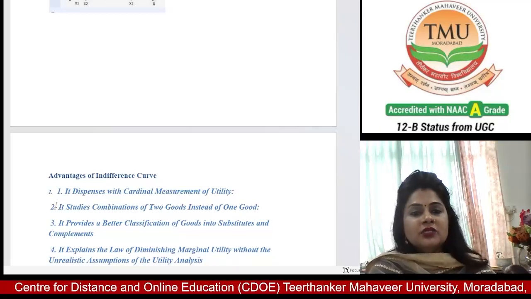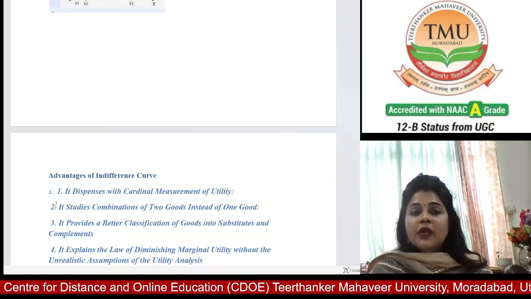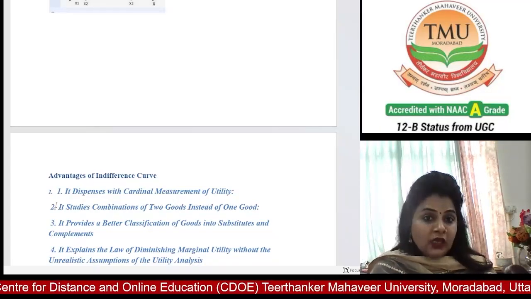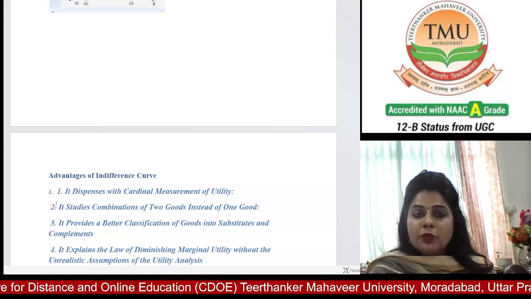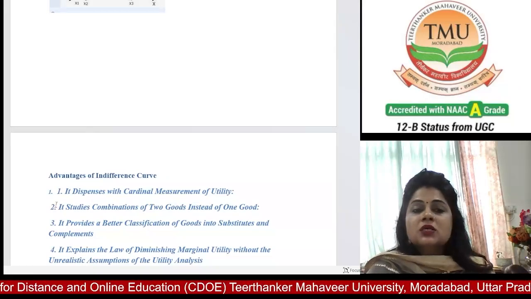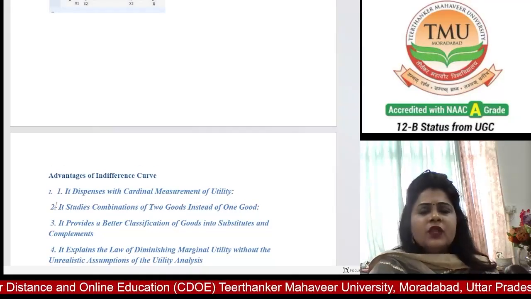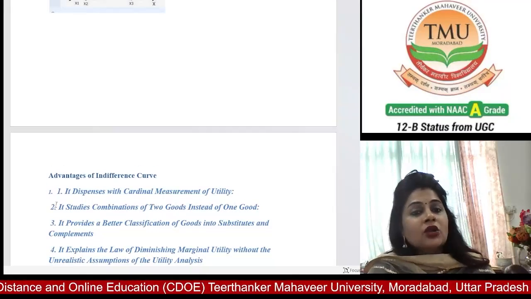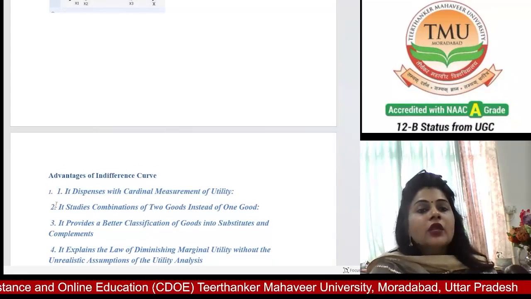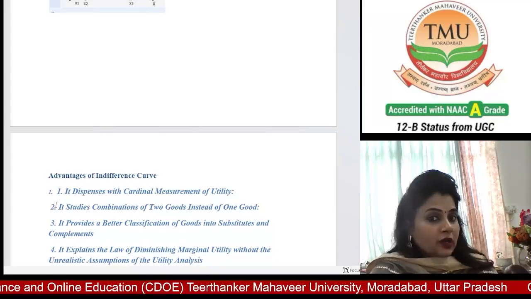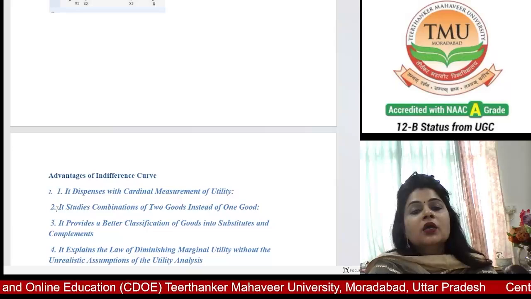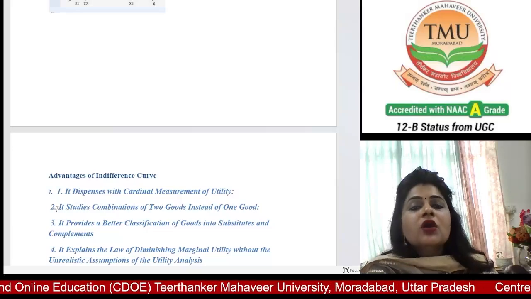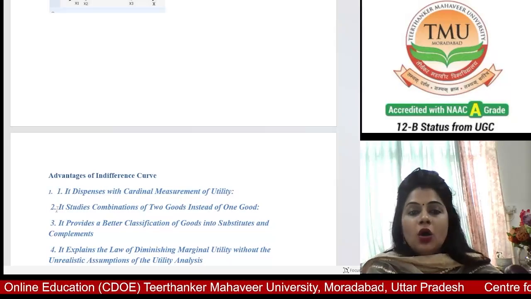And this is not measurability but transitivity. In fact, the utility which a commodity possesses for a consumer is something subjective and psychological, and therefore cannot be measured quantitatively. The indifference approach is superior to the utility analysis because it measures utility ordinally.